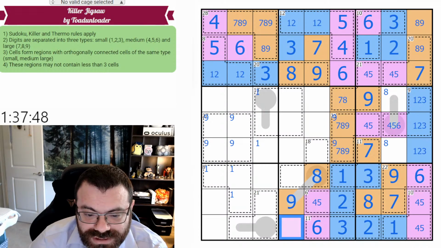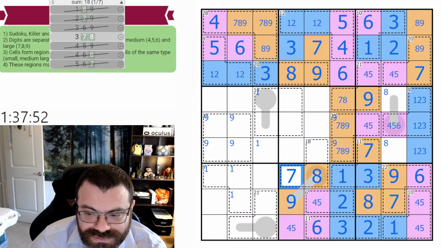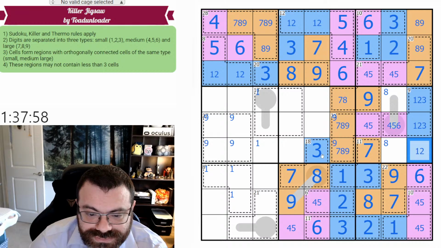Purple needs to be 3 large, so that goes there. That's the 4, 5. So this is actually a 7. So with 7 and 8 in here, we have to use a 3 to add to 18. That's low. That's not 3. We need a low and a mid here. I think it could go either way.